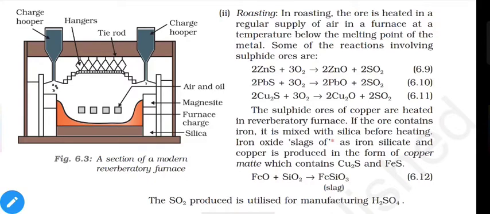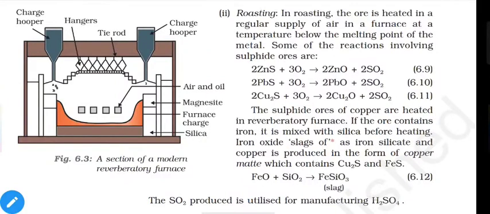Now if you have some metal impurities alongside our main metal, then we can remove those metals using silica, that means SiO2. SiO2 mainly reacts with reactive metals, and we can create metal slag using silica.